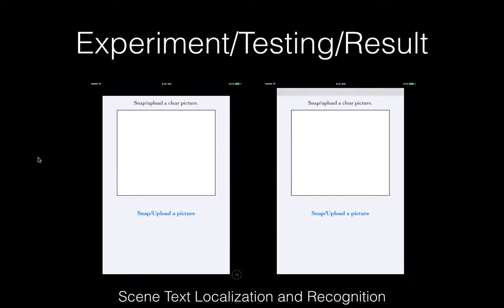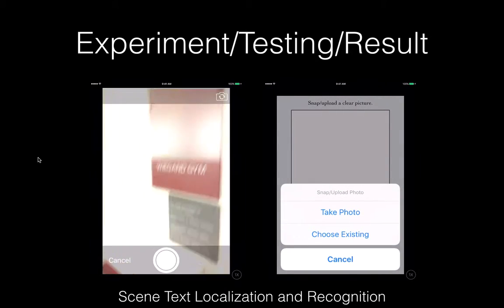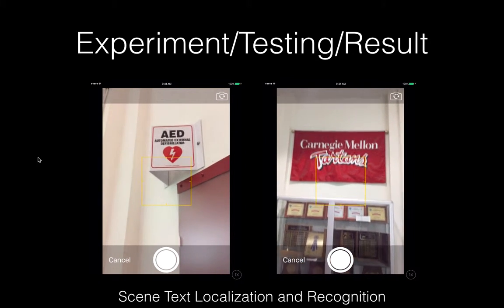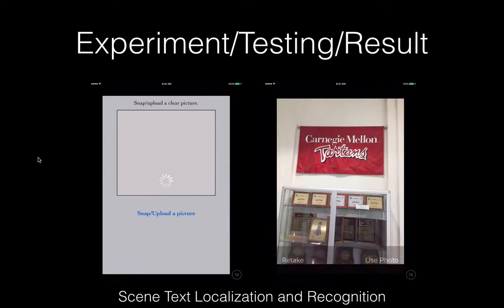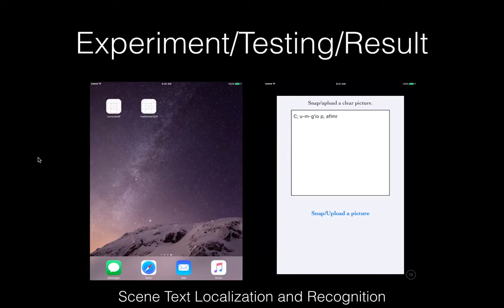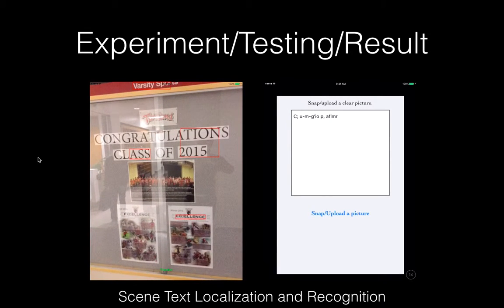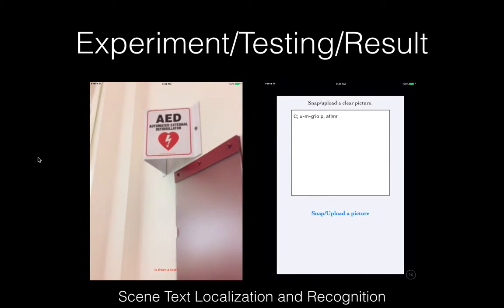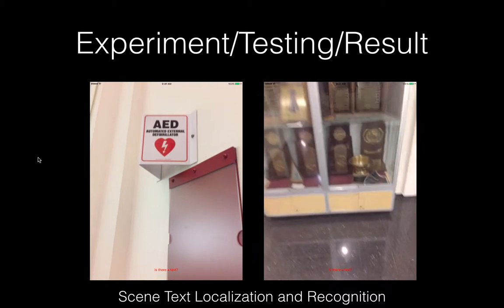How about text localization and recognition in natural scenes? Here are two examples. First, we use the traditional OCR, take a picture, and process it. For the AD1 one, the white one means it cannot recognize anything. And for the Carnegie Mellon one, it recognizes a really weird word, I don't even know what it is.